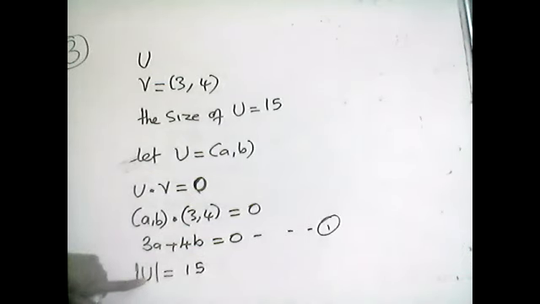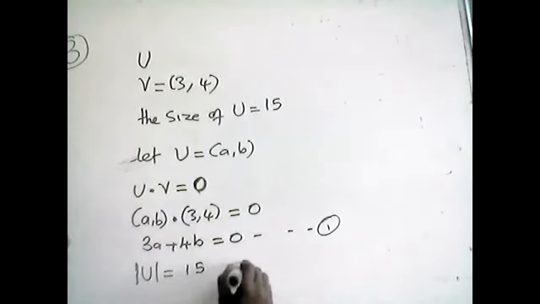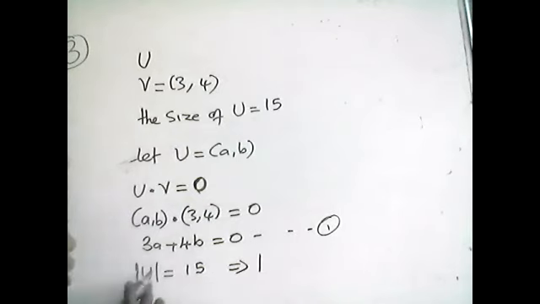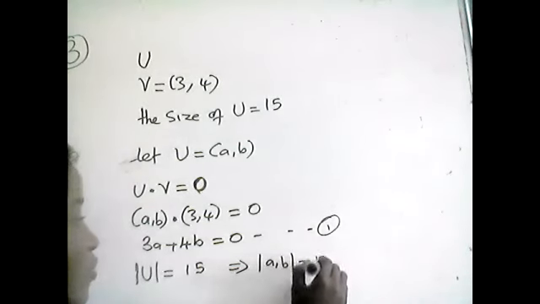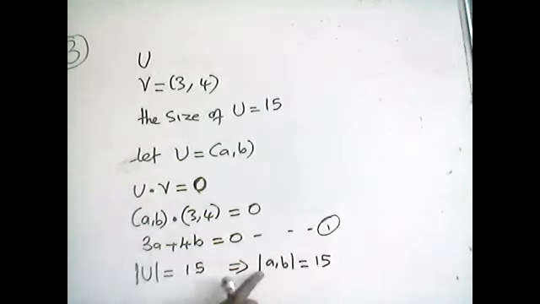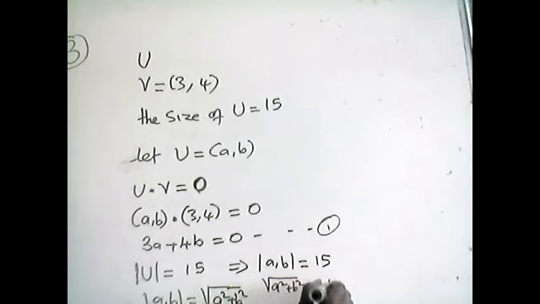Now the question is, what is this vector u that we're talking about? We're implying that the modulus of u, which is a, b, equals 15. By definition, the modulus of a, b is equal to the root of a squared plus b squared. So the root of a squared plus b squared equals 15.